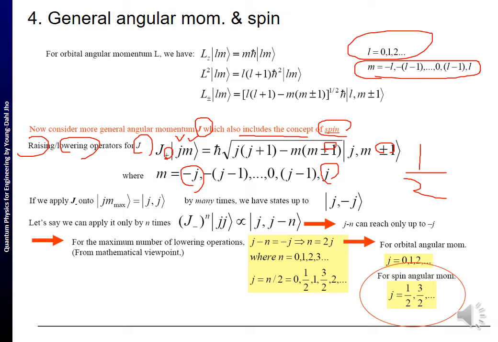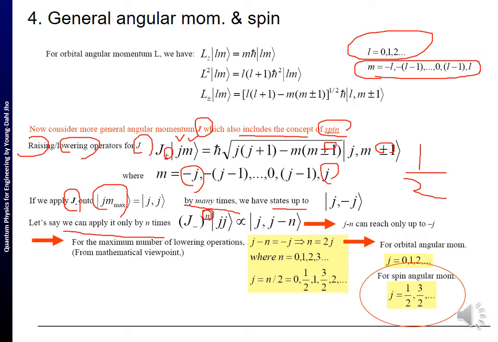And if we apply j minus onto this one, the maximum m value, which is j, so |j, j⟩, many times, all the way down to j minus j. Then let's say we apply j minus n times onto the |j, j⟩ state.